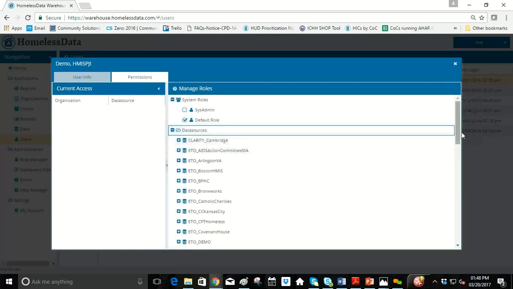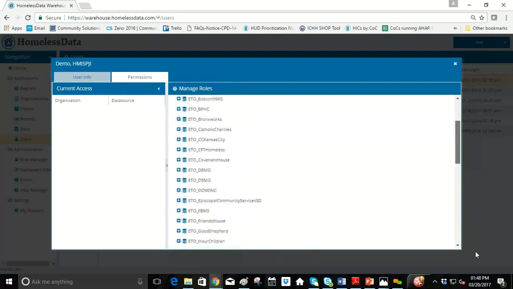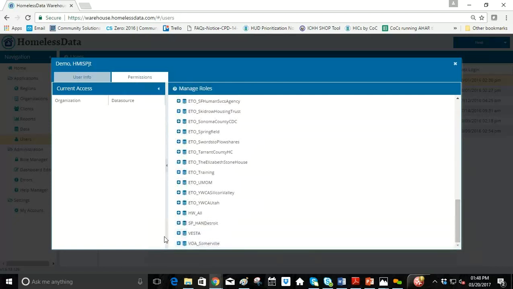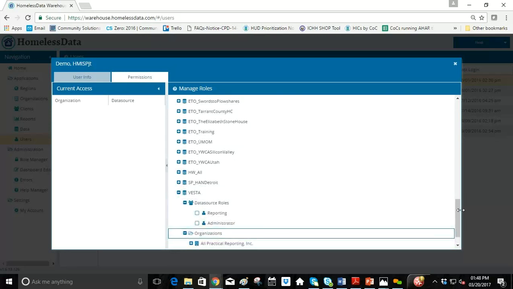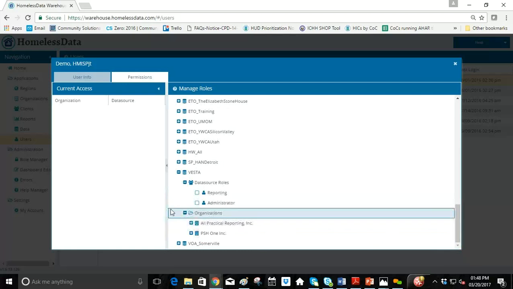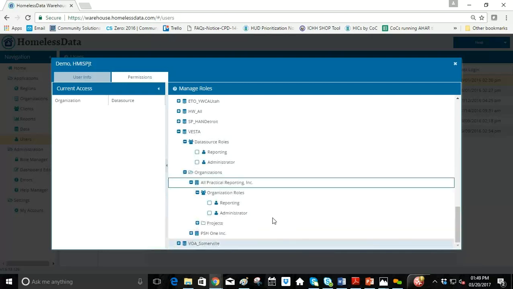So if I wanted to give this person access to organizations within my data source, so this is a test data source, and these are a couple of organizations, and then within that you've got projects.